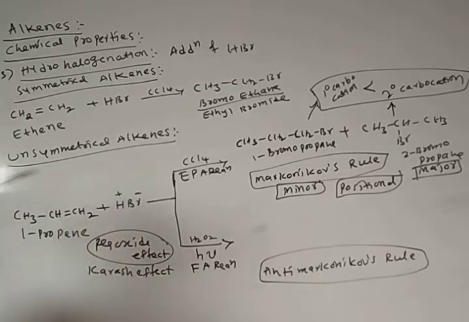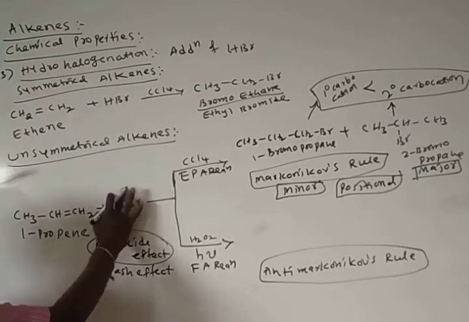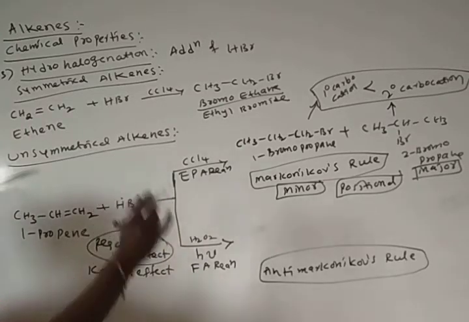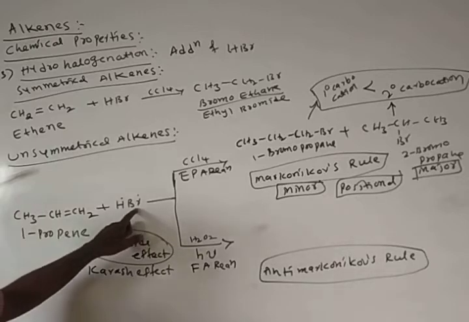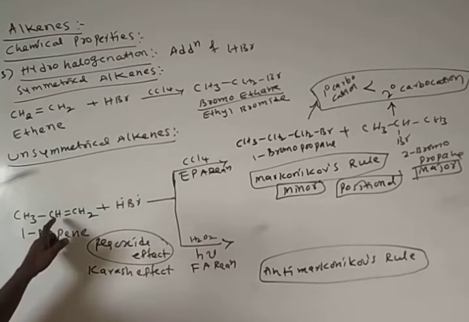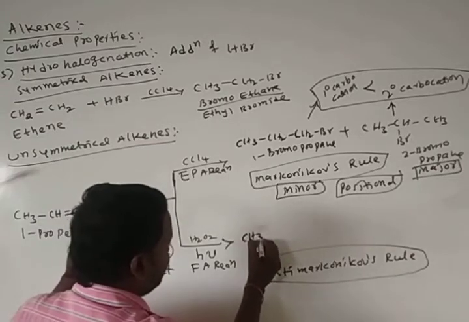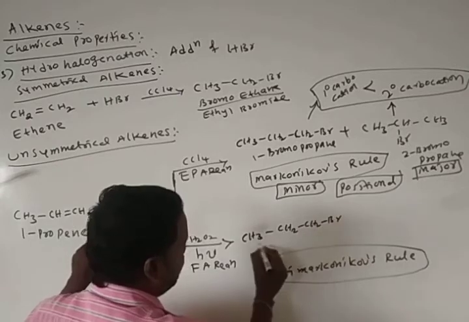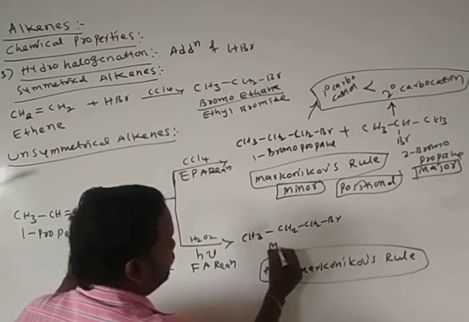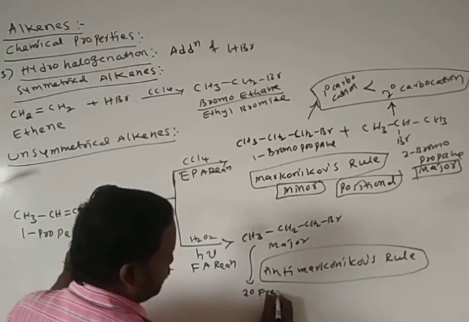Here a free radical reaction takes place in the presence of sunlight. The negative part, the Br dot, is attached to this carbon, giving CH3-CH2-CH2Br, 1-bromopropane, which is major. This proceeds through a secondary free radical.